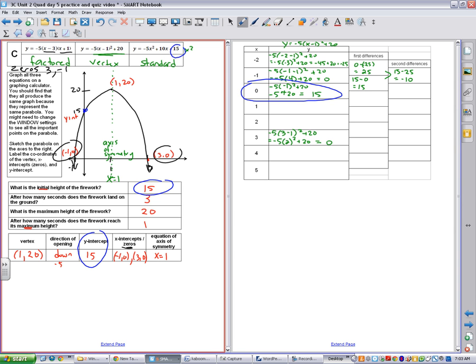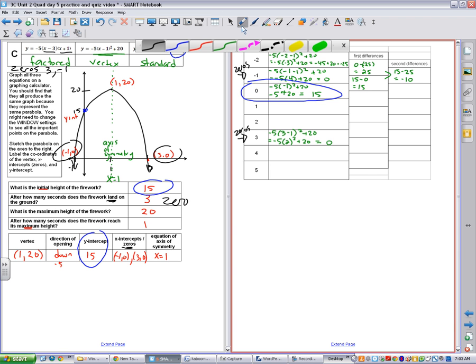So when the question is, when does the firework land, it has to be the second zero. I also can notice from the table of values on the right here that the values when x is negative 1 and when x is 3 gives me the zeros. So those are the matching I see there.